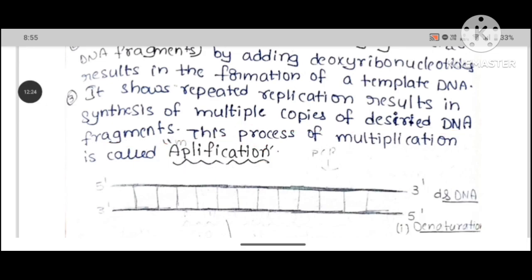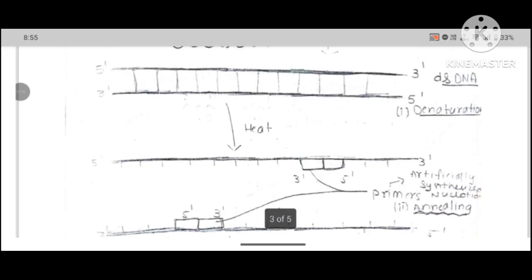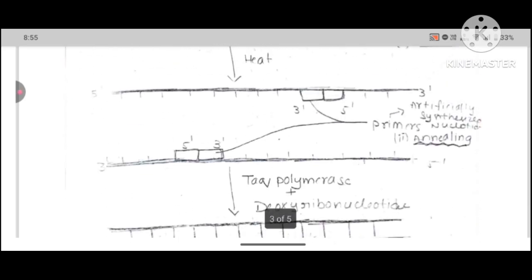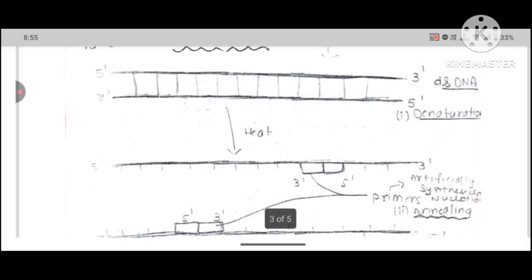So how does the DNA polymerase contribute to amplification? Let's see the steps. These are the steps of PCR, the polymerase chain reaction, in which we use the DNA polymerase to amplify the desired DNA fragments.